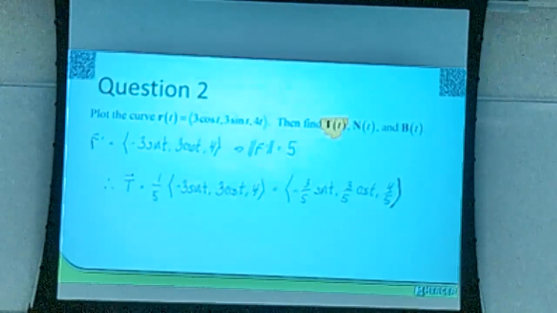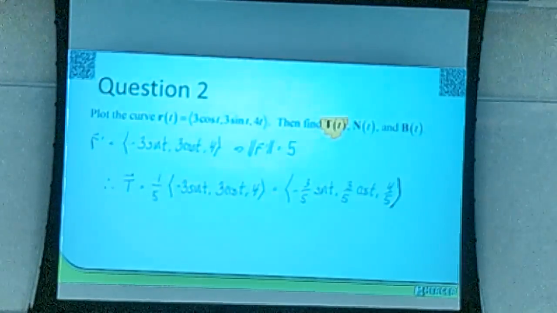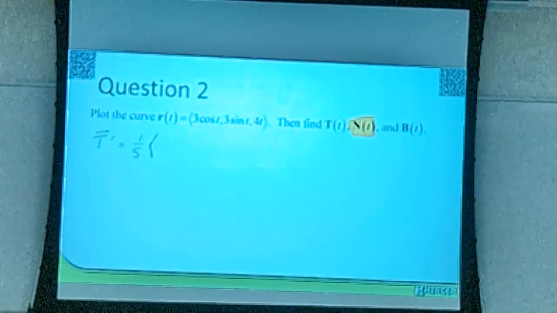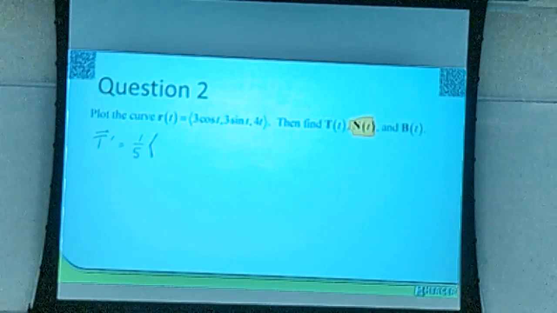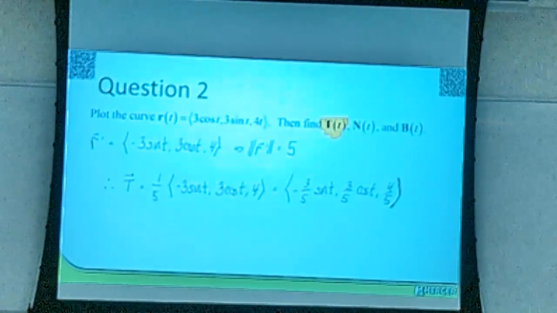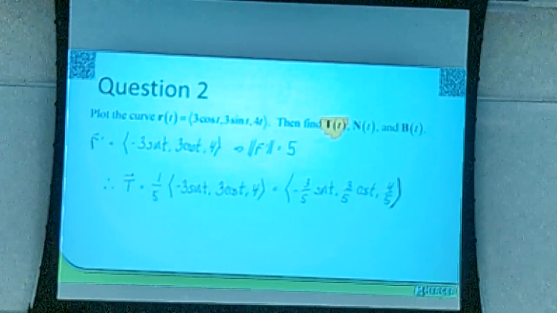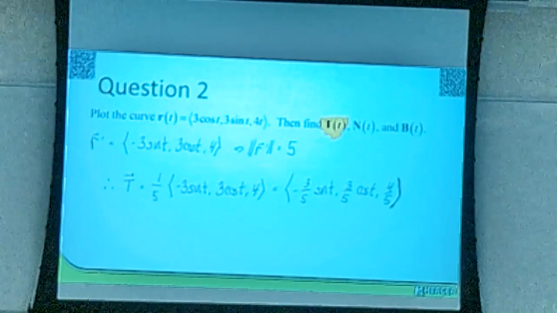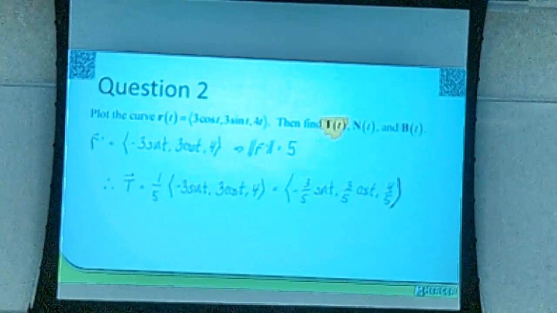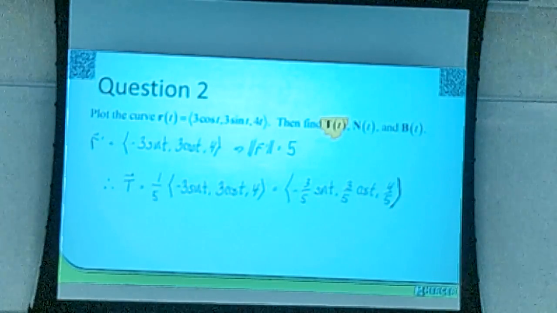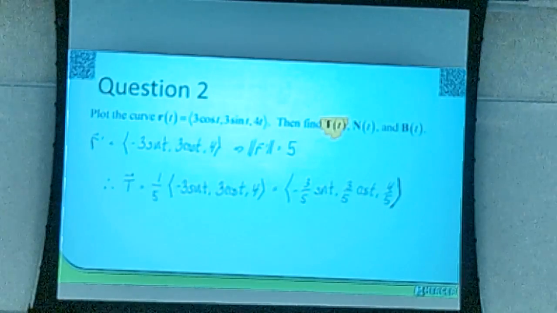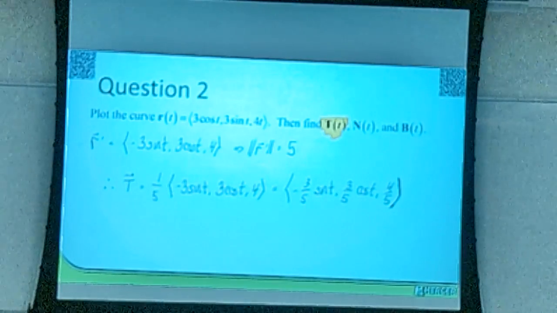I ignored the fraction. I'm looking at the first component, just the vector that comes after the 1/5. Cosine t. Negative 3 sine t. 0. I agree with 2 out of 3.